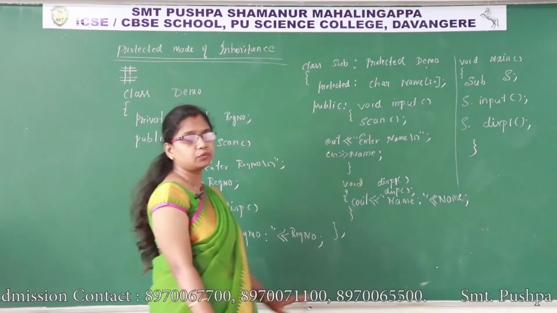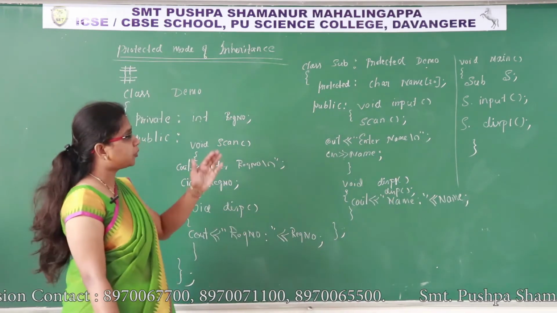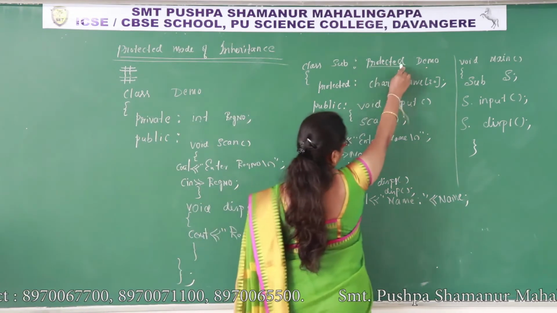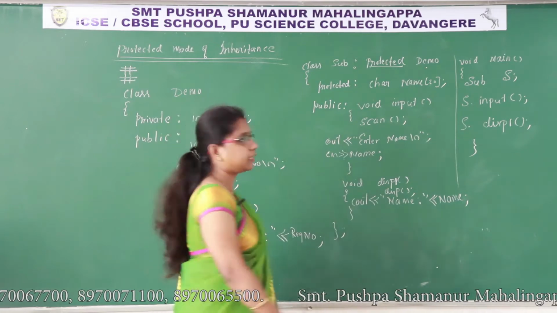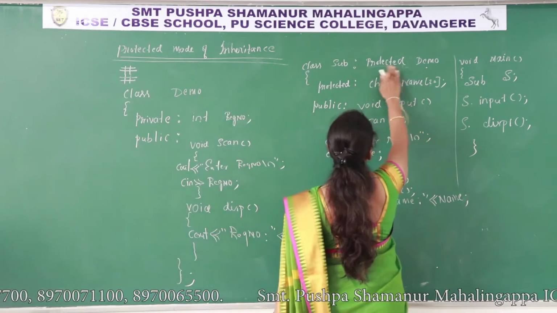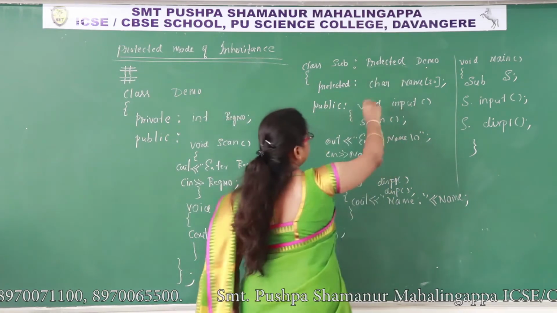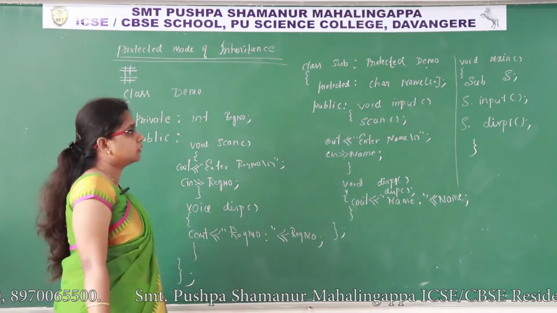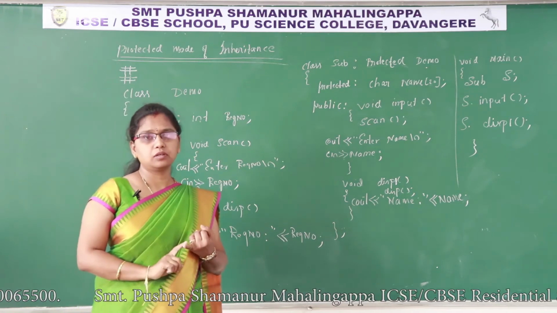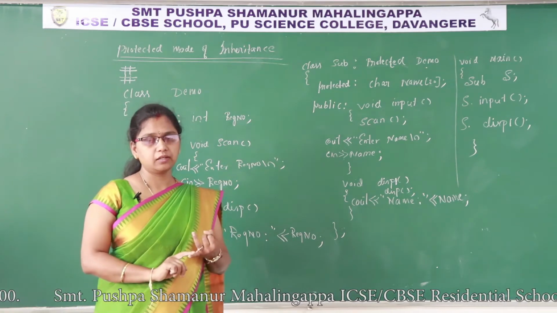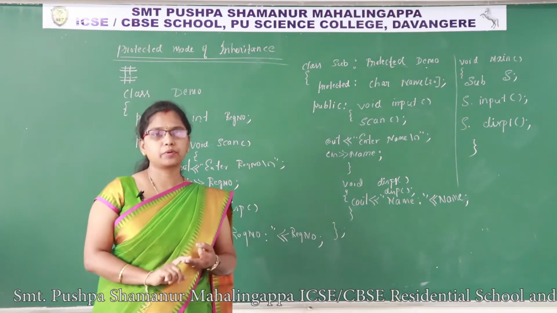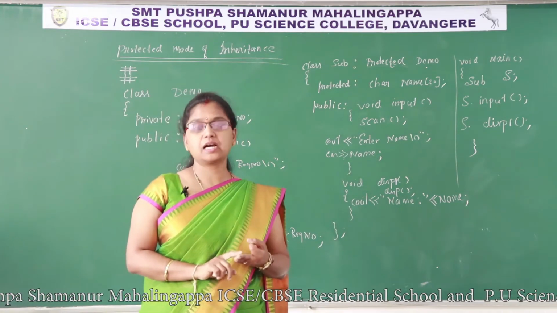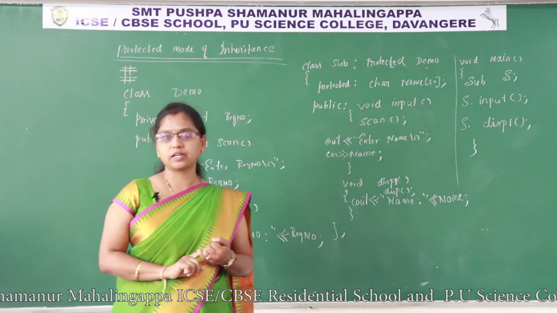So what you need to observe in this program is the protected mode of inheritance. So this is the mode of inheritance. You should not write the underline; to highlight, I gave the underline here. See, first you need to remember the rule. Private members are not inherited. If the mode of inheritance is protected, public and protected members of the base class are inherited to the protected section of the derived class.